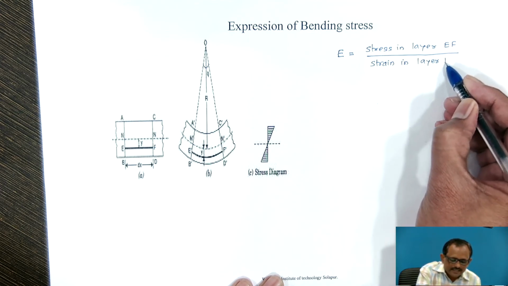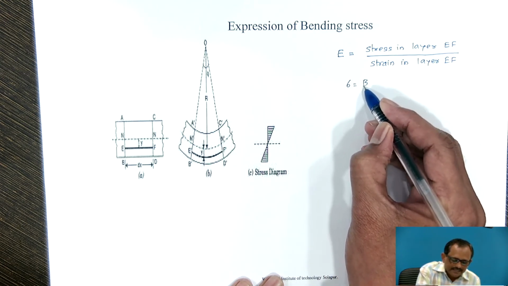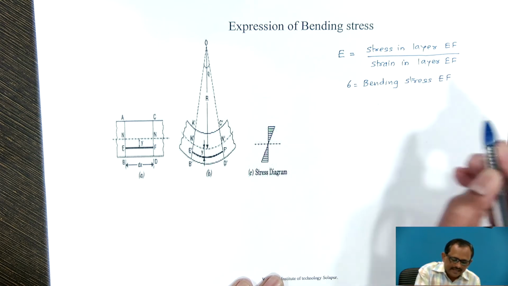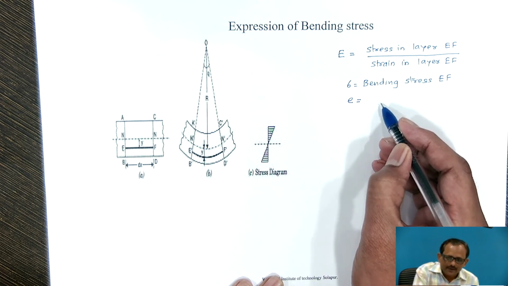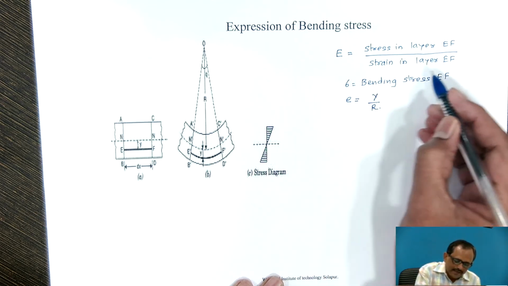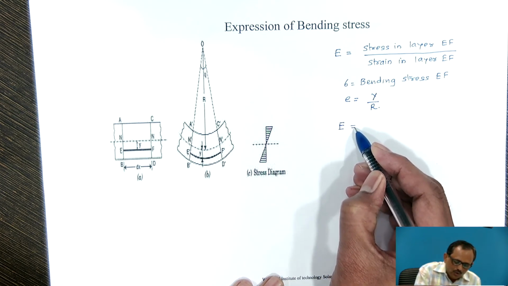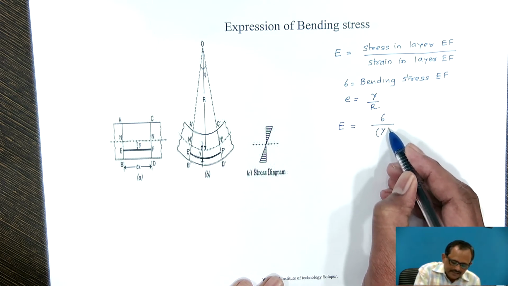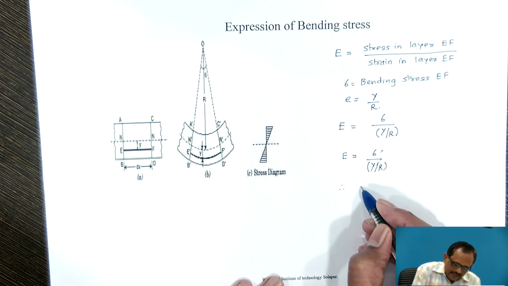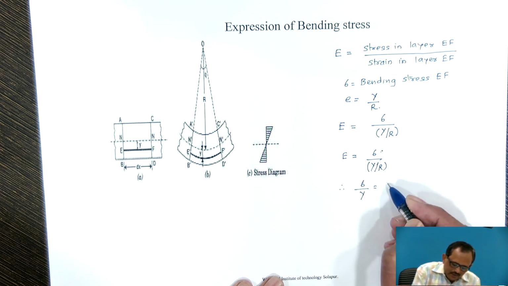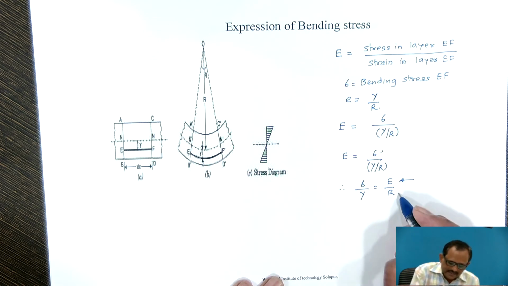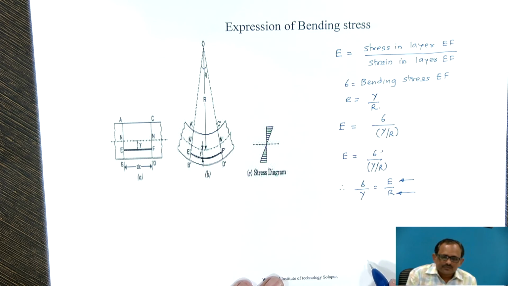Let sigma be the bending stress in layer EF, and the strain in layer EF, which we calculated earlier, is y upon R. Putting the values in the above equation, E is equal to sigma upon y upon R. Solving, we get sigma upon y is equal to E upon R, where E is Young's modulus for the given material and R is the radius of curvature for the section of the beam.